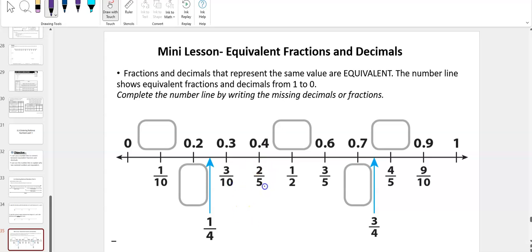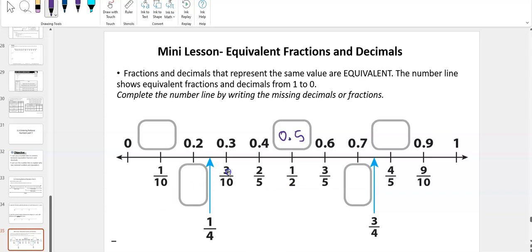But there are some fractions that are reduced from their tenths format, and yet they still are equivalent to a decimal version. So some of those might be 1 half, for example. Hopefully everyone knows that 1 half as a decimal in tenths is 0.5.